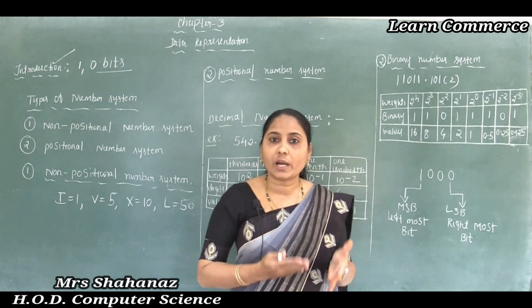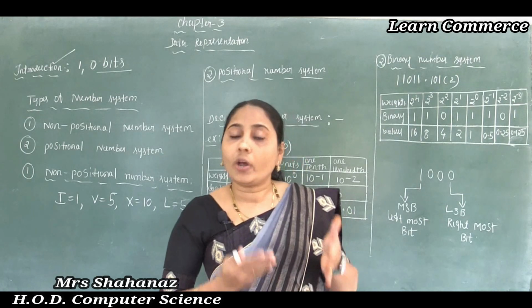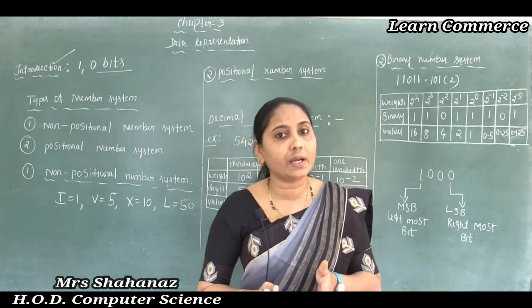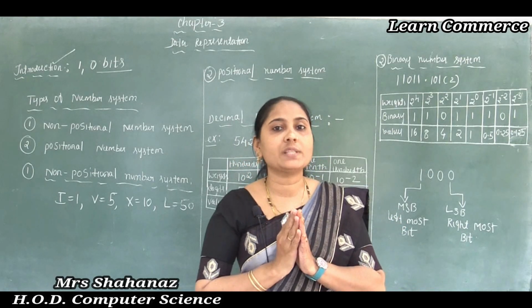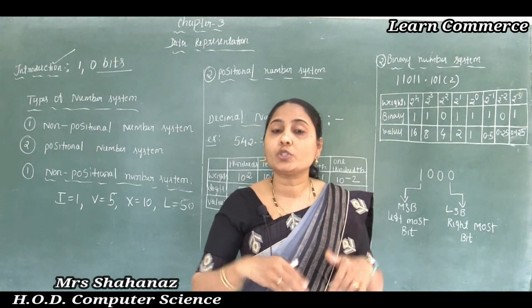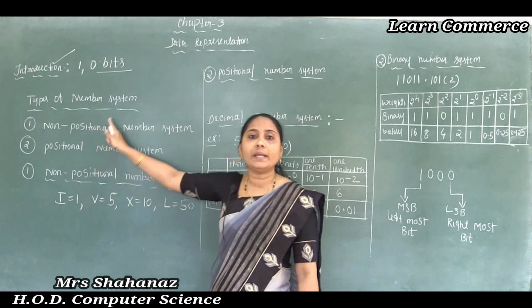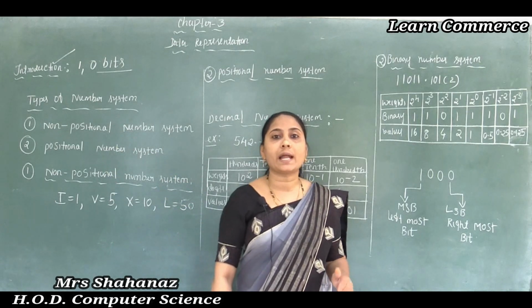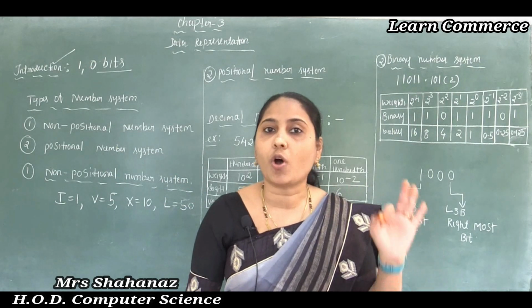So our computer accepts any kind of digit, any kind of alphabet, or any type of special character, and after accepting such data it converts it into binary digit format, the 0 and 1, because the computer understands this format very easily.